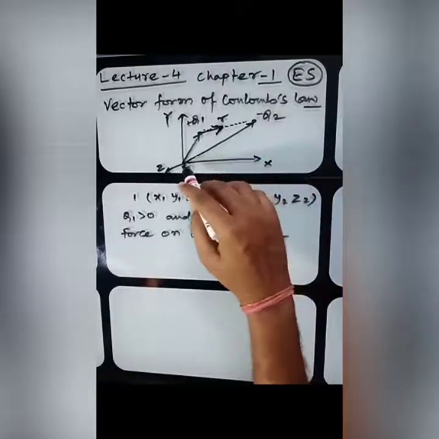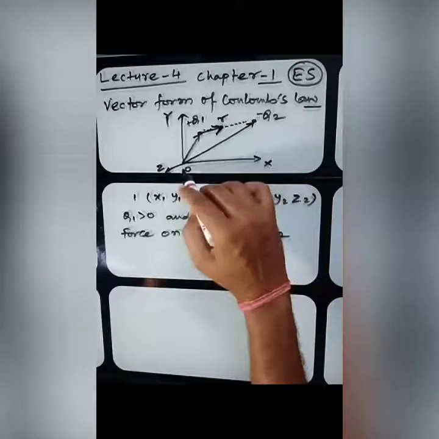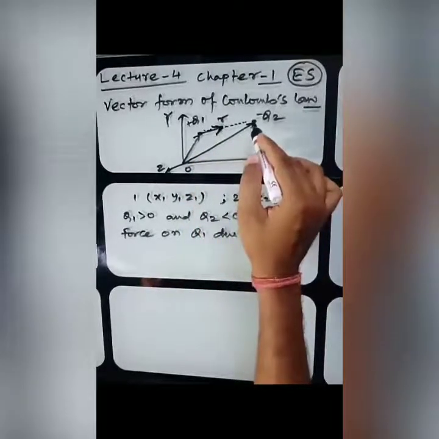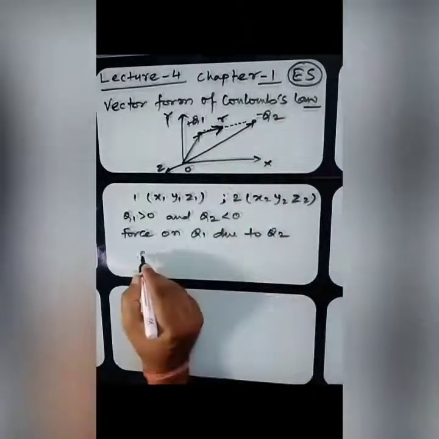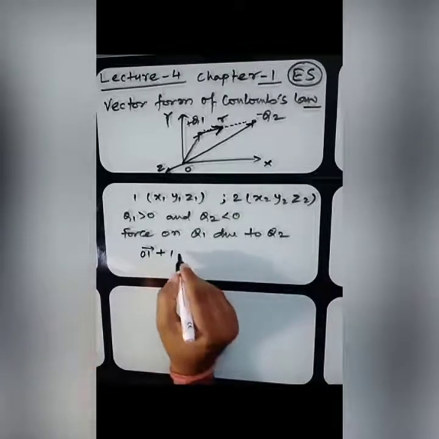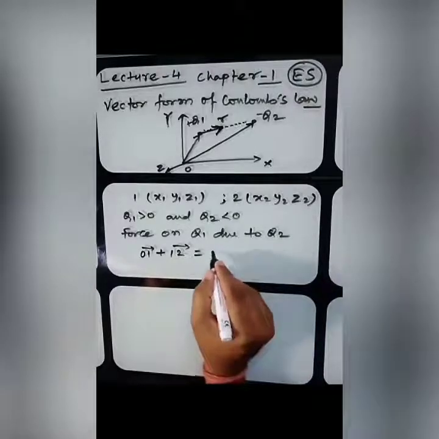Using the triangle law, we can write this side O1, where this point is considered as 1 and this point is considered as 2. O1 plus 1,2 will be equal to O2.